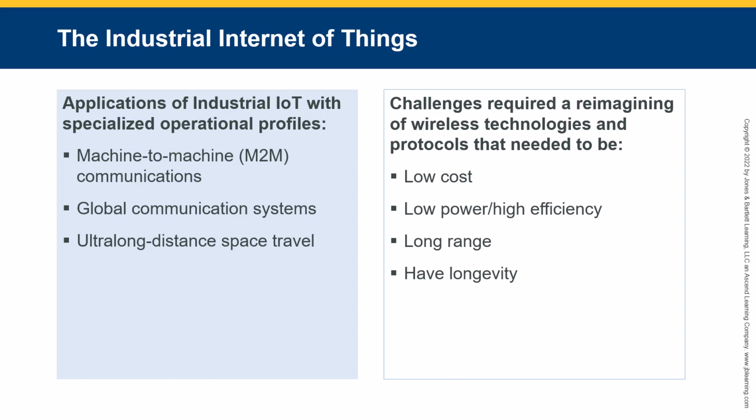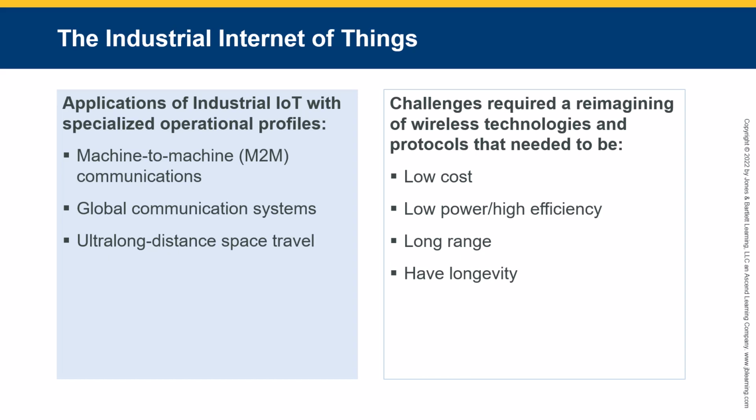Machine to machine, M to M, global communication. That's been a huge area. I work with several organizations where they'll have their industrial people back east, and they're remotely monitoring all of the equipment back west. And again, this allows them to be able to manage more equipment with less specialized individuals.